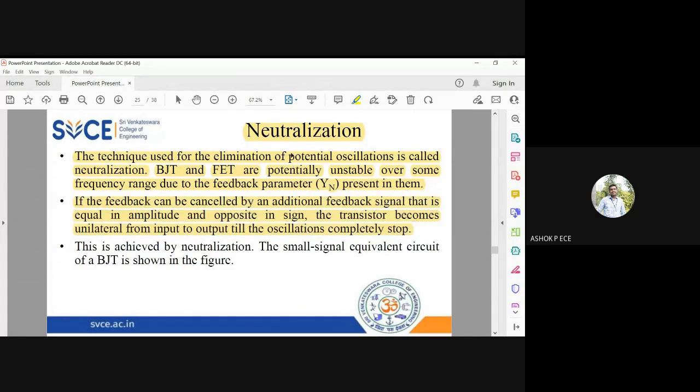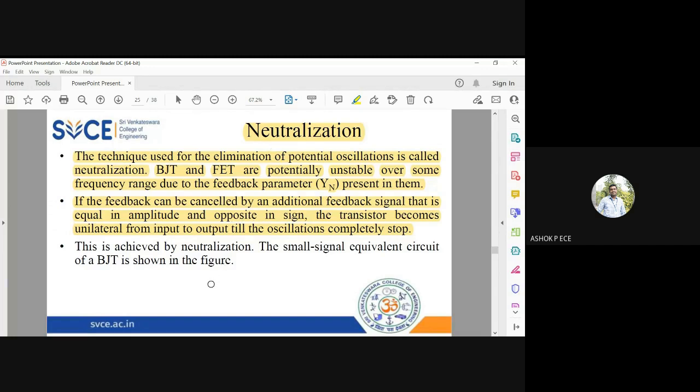Assume this feedback is adding a positive feedback of plus 2 volt, for example, and you ensure that you add another feedback of minus 2 volt by some other mechanism. This plus 2 and minus 2 will get cancelled, which will ensure that the oscillations are not formed. That's what they're saying here. I am going to give one more additional feedback which is equal in amplitude but opposite in sign.